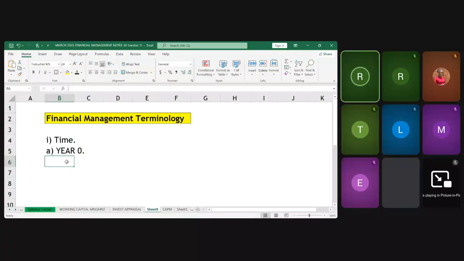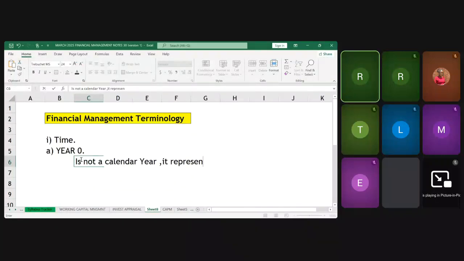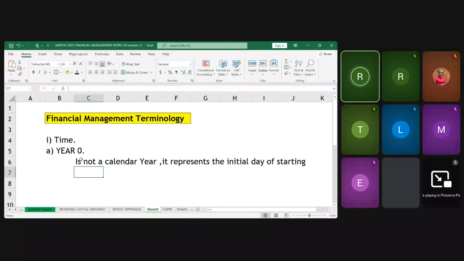All right. So year zero, if we want to define it, is not a calendar year. It represents the initial day of starting the project, of starting an investment or project.